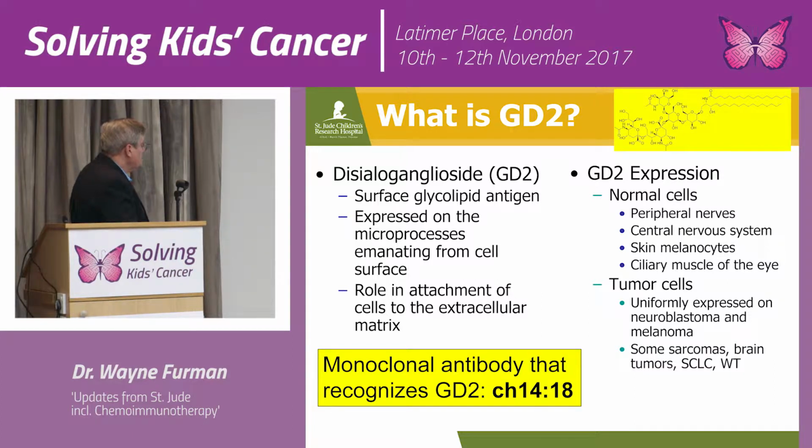And you know, the monoclonal antibody that recognizes this is called CH, and that CH stands for chimeric. What that means is part of the antibody is mouse protein, and the other part is human.